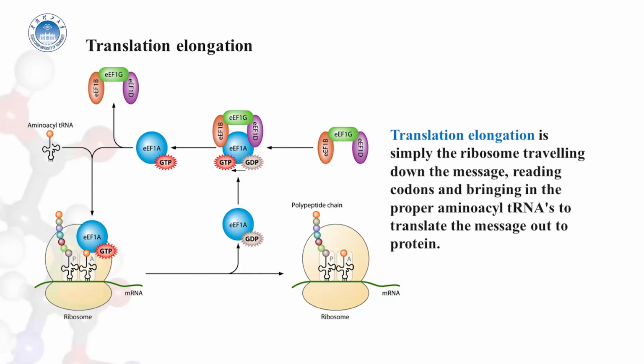Translation elongation is simply the ribosome traveling down the message, reading the codons and bringing in the proper aminoacyl tRNA to translate the mRNA into proteins.